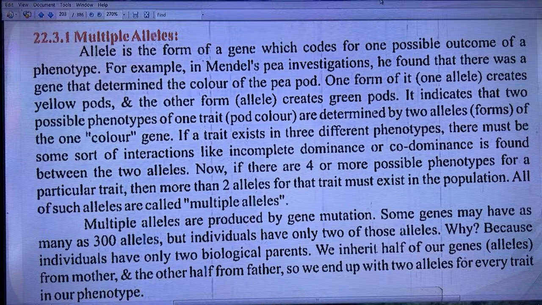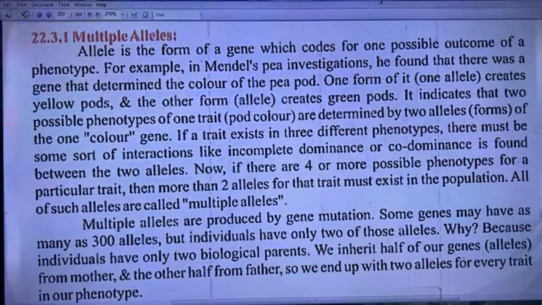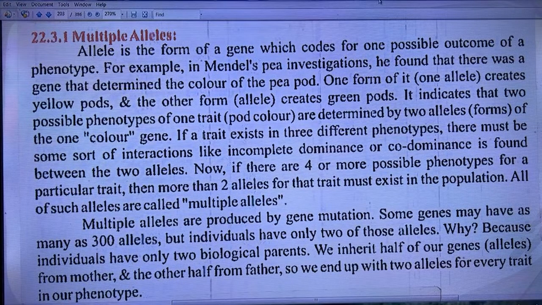One form of it, one allele, creates yellow pods and the other allele creates green pods. It indicates that the possible phenotypes of one trait, pod color, are determined by two alleles. If the one color gene of a trait exists in three different phenotypes, there must be some sort of inherent interaction, like incomplete dominance or codominance, between the alleles.